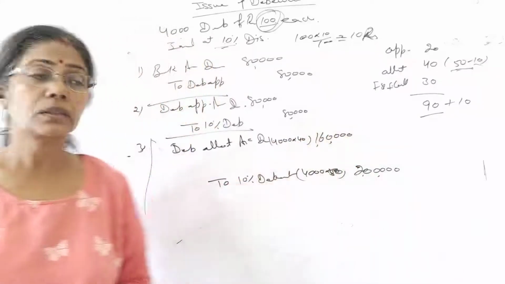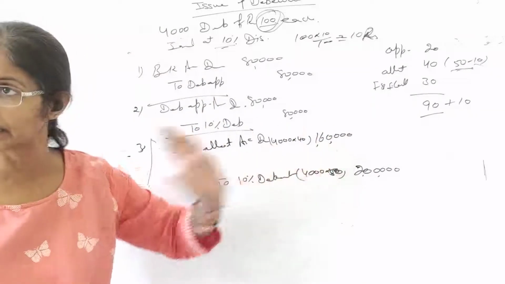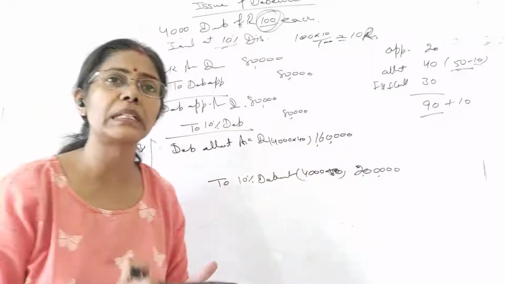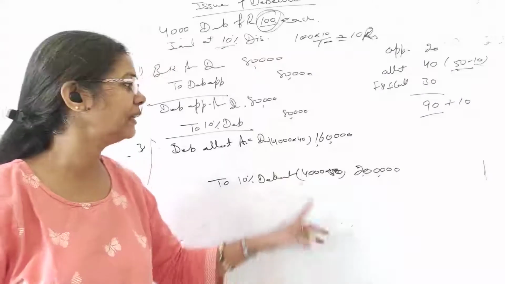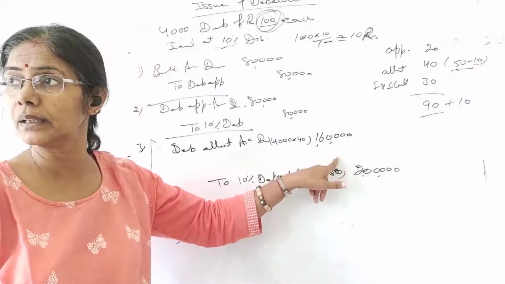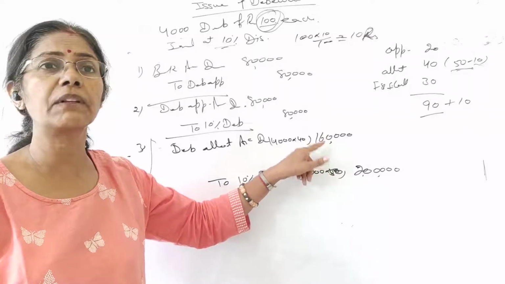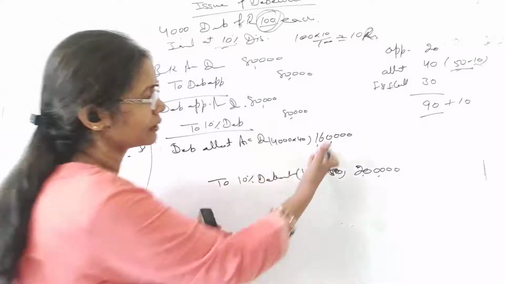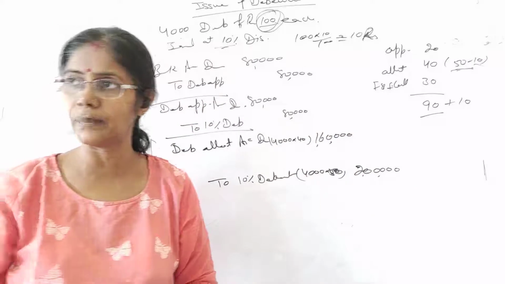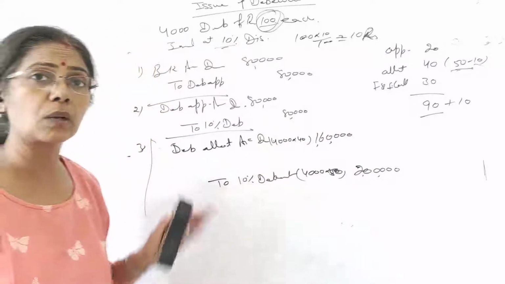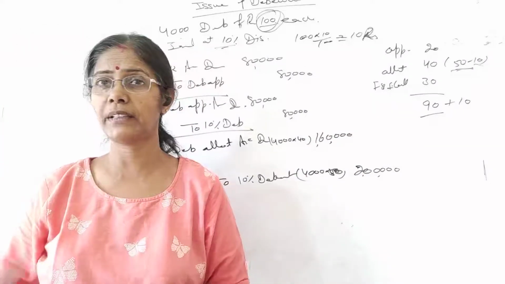Fine. So we can come to know that something is missing, and another important hint is given by the question itself that something will come in the debit. Something will come in the debit, and the figure is also clear. That's 40,000. Let's see. What is that? Discount is your gain or loss?